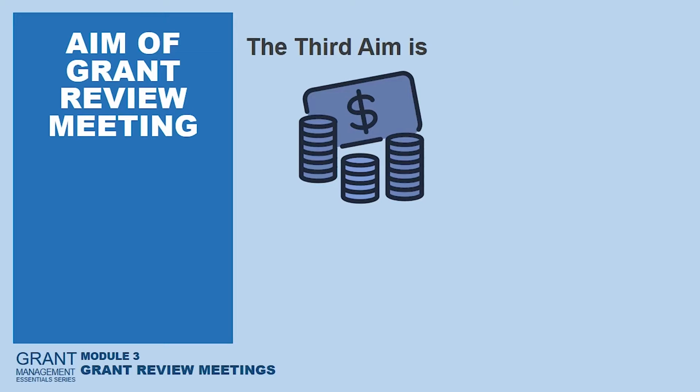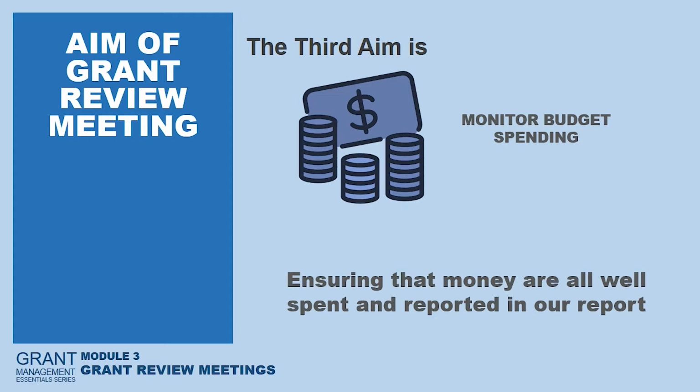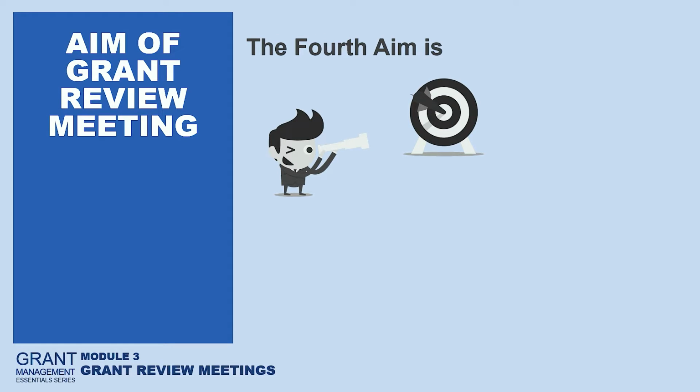Number 3 is to monitor budget spending. By the end of the project, we want to ensure monies granted to us from the donor are well spent and reported in our reports. Number 4 is to monitor target achievements. This monitoring is specific to target achievement as committed in our log frames.